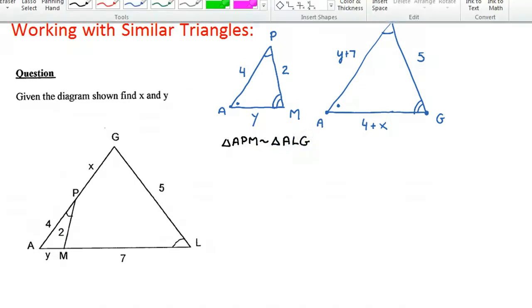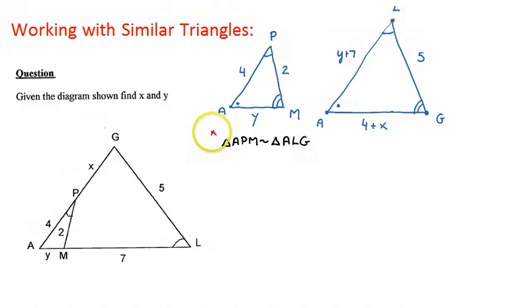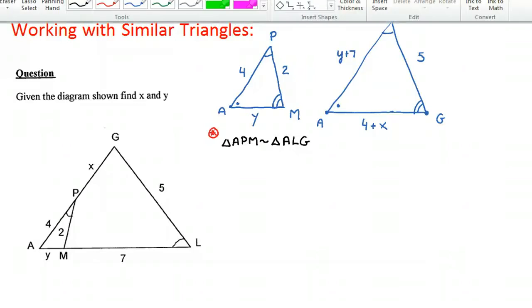Really important to note here, I'm going to put a little star next to this. When you make your statement about similarity or congruency, your angles have to match up. So notice this APM, and then triangle A, and then L is the same as P, G is the same as M. That's an important point. So what I'm going to do here is, I don't know necessarily how to work through this problem. I'm going to write the ratio for each side, and I'm going to set them all equal to each other.